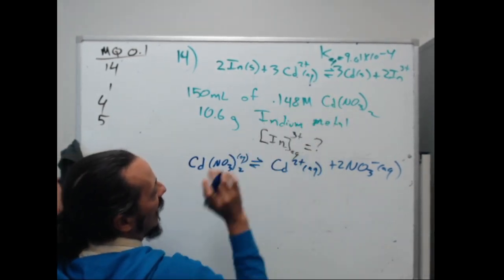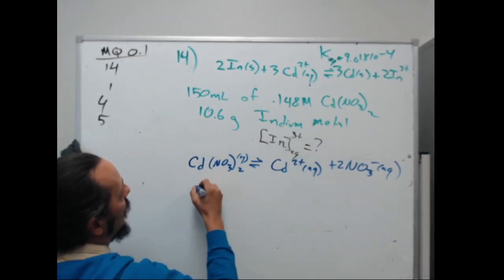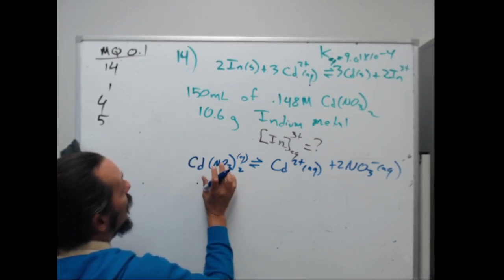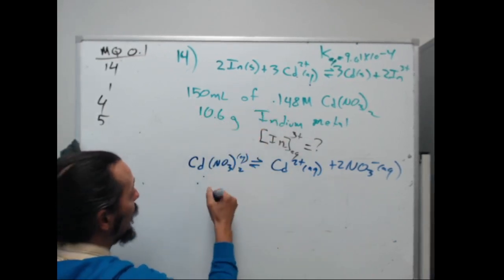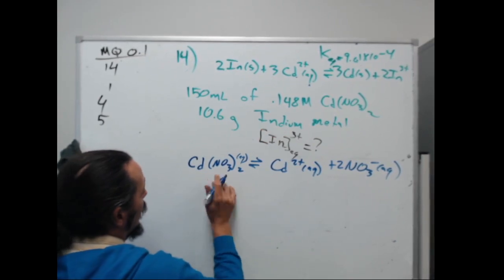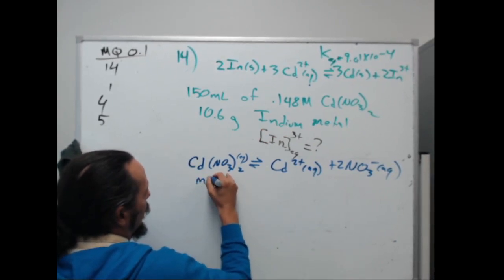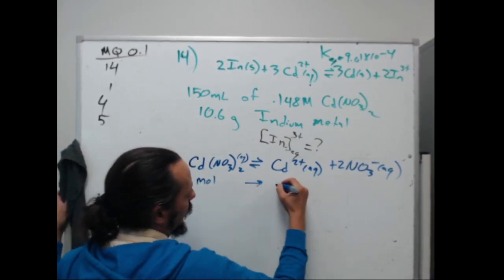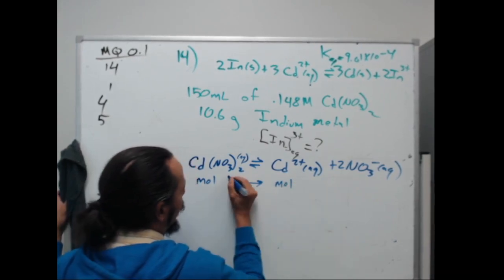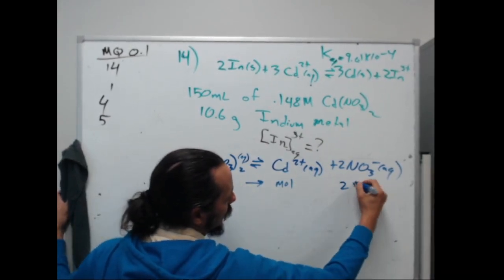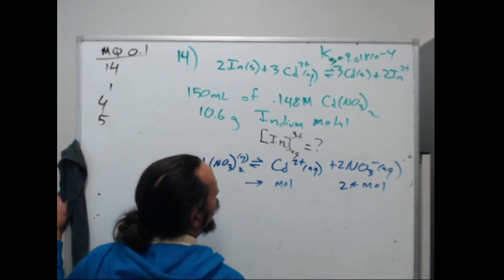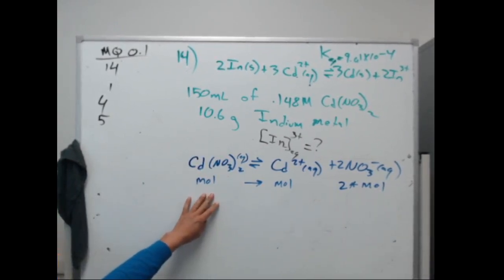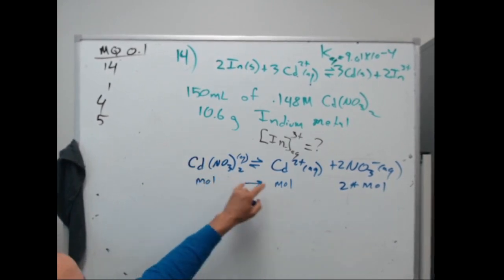So the fact that it's a cadmium solution means that we could calculate the number of moles we have, but essentially, however much cadmium nitrate I put in, I get that same amount of cadmium. It's a 1-to-1 ratio between the cadmium nitrate and the cadmium.